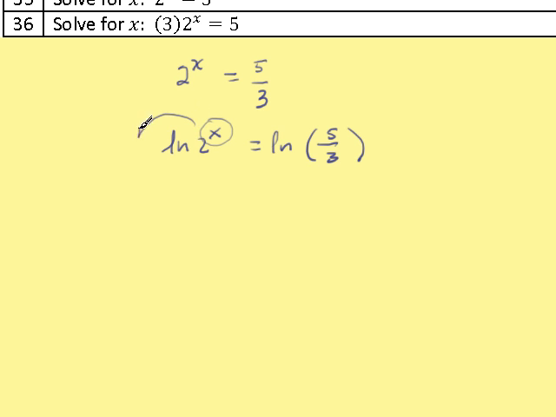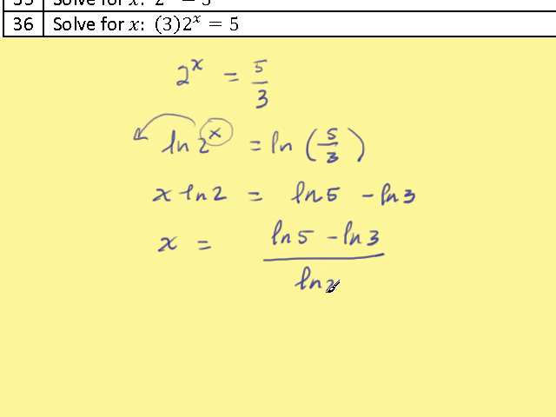Now bring down the x. x ln 2 is equal to ln 5/3. Maybe we should write it as ln 5 minus ln 3 using log properties. And now divide both sides by ln 2, and we have x is equal to ln 5 minus ln 3 over ln 2.